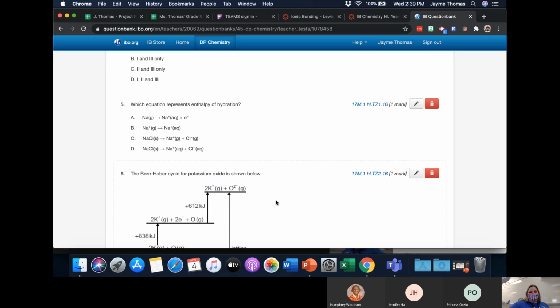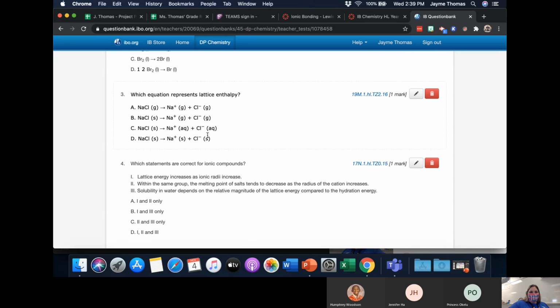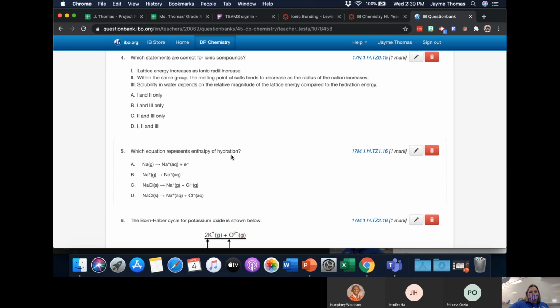Which equation represents enthalpy of hydration? Enthalpy of solution is where we're making a solution, taking a solid ionic compound and dissolving it into aqueous ions. The two parts of that are the lattice enthalpy, where we take the solid compound and break it up into gaseous ions, and then to hydrate them, they have to be surrounded by water molecules.